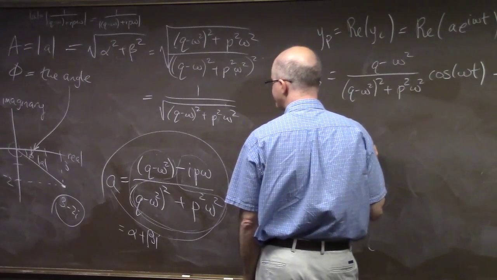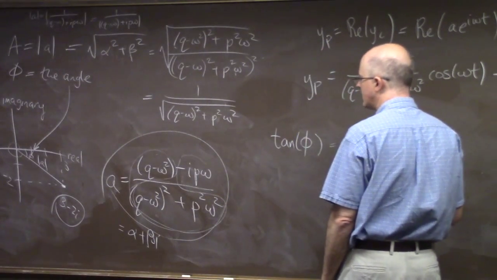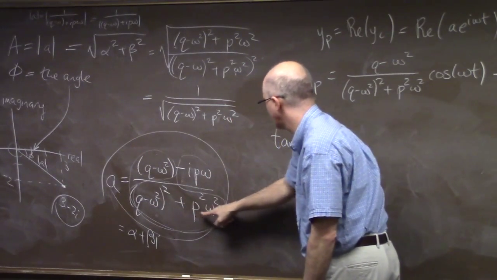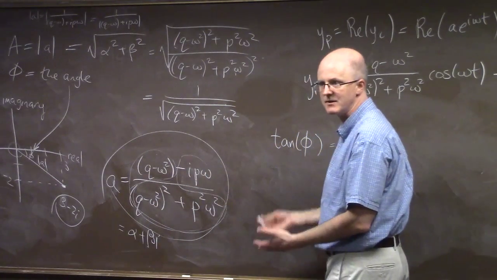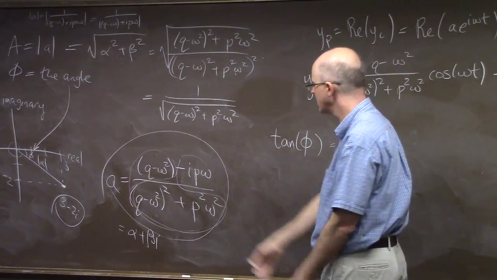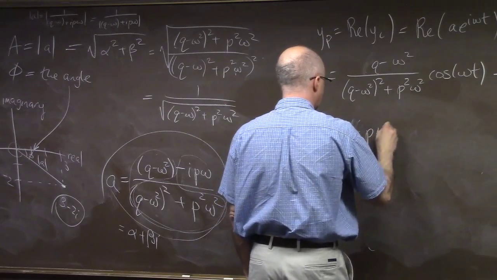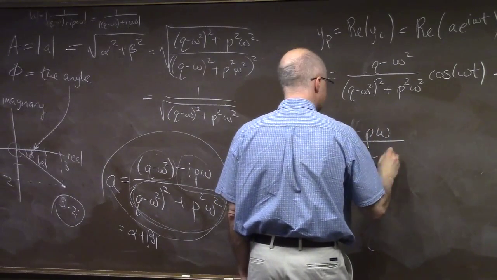And the q minus omega squared plus p squared omega squared, when you do that division, are going to cancel because they're both in the real and imaginary part. You're really just going to get a negative p omega over q minus omega squared.